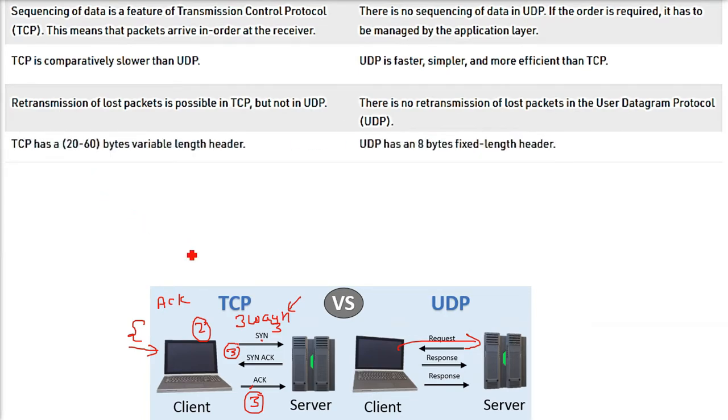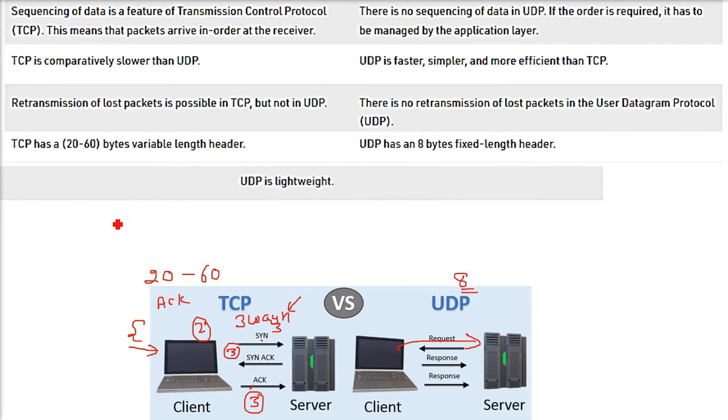As I just mentioned, TCP has a minimum 20 byte header. It cannot be less than that, and a maximum of 60 bytes. But UDP has a fixed length header, that is 8 bytes. All of this discussion you are now understanding because of the header size, the sequence number, the flow control, error control, etc. TCP is heavyweight, with connection establishment and connection termination. UDP is lightweight.